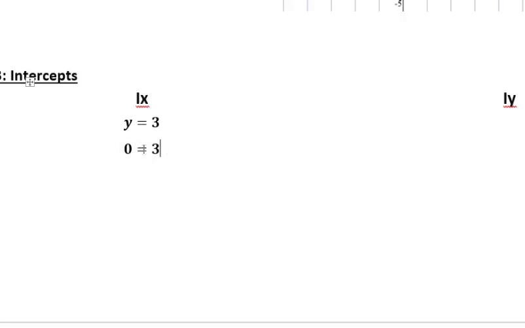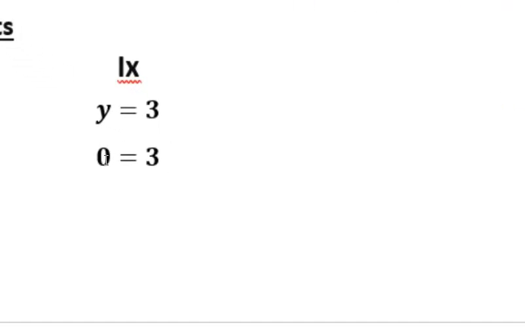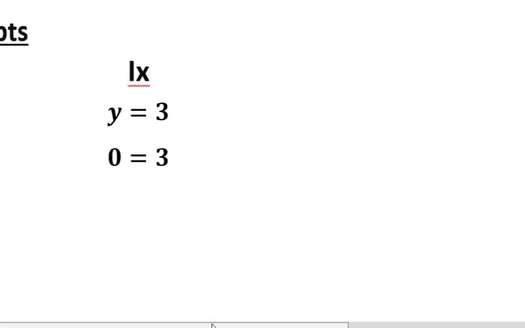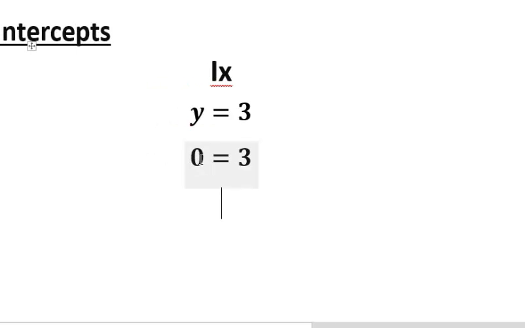Once I substitute the letter y with 0, I get something that is impossible. 0 equals -3 cannot happen in the system of numbers that we're working with. Those things are not equal.